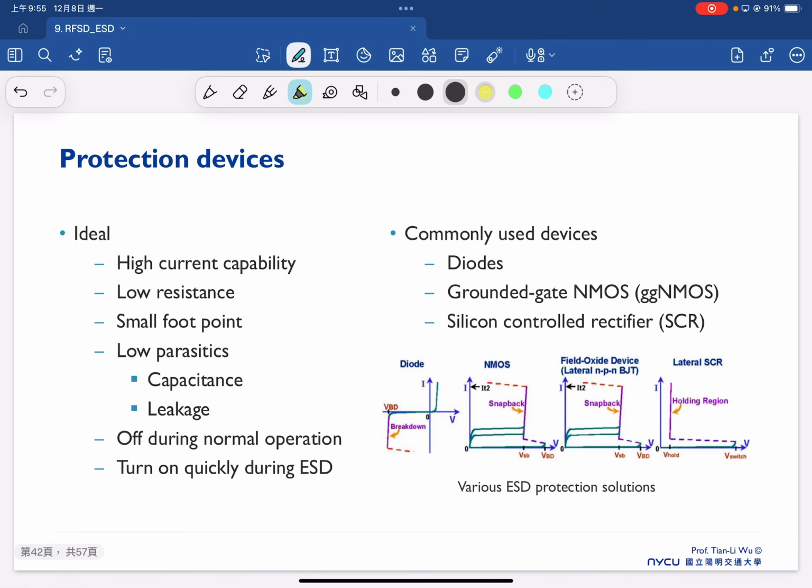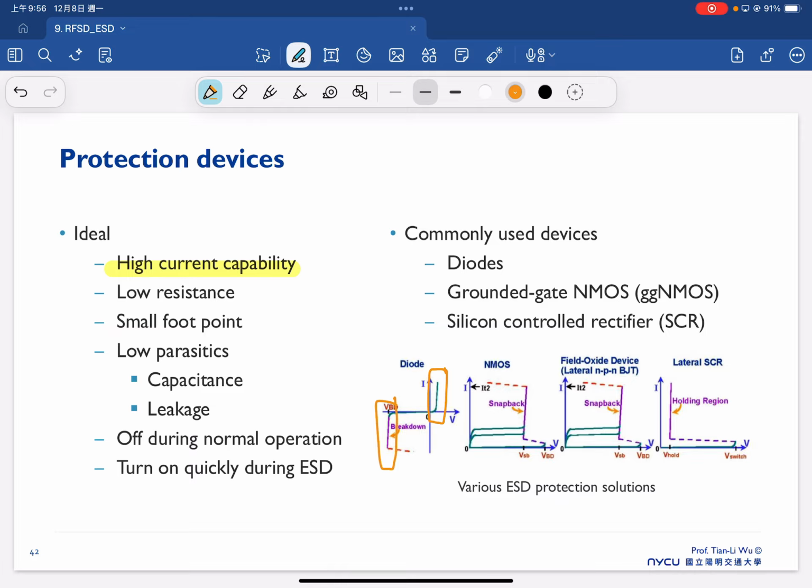And here are some of the key requirements for a device to be effectively used for ESD protection. Ideally, we want to have high current capability, just like here. We can use a diode as one example. We have high current conduction.